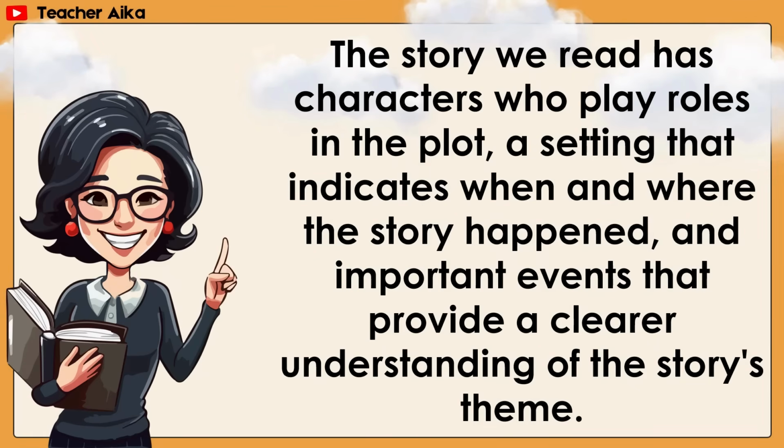The story we read has characters who play roles in the plot, a setting that indicates when and where the story happened, and important events that provide a clearer understanding of the story's theme.